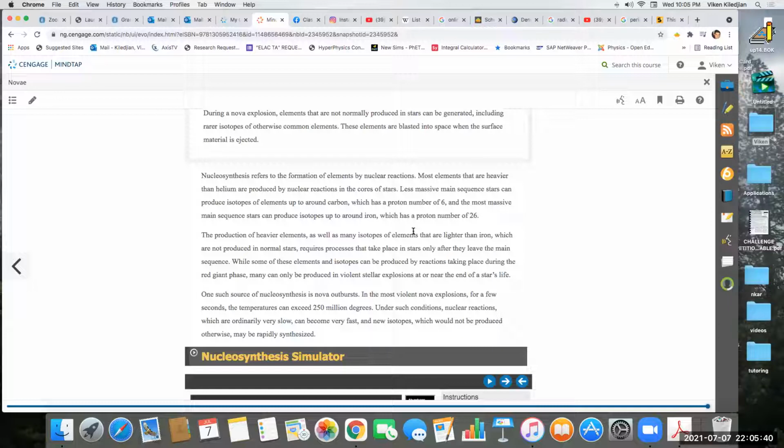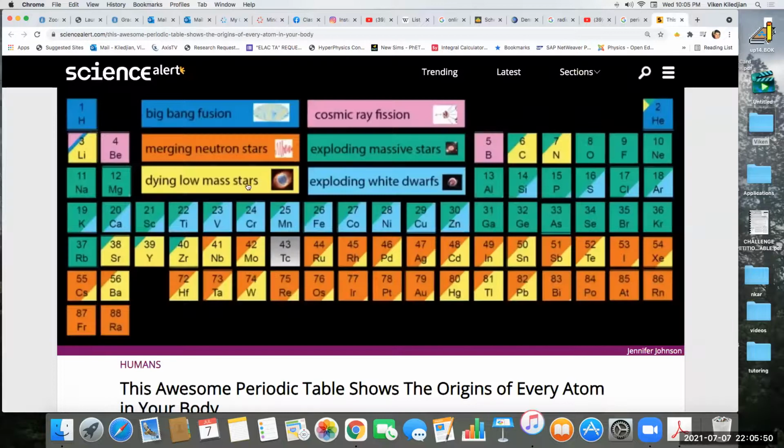Less massive main sequence stars can produce isotopes of elements up to around carbon, which has proton number of 6. In other words, dying low mass stars can produce lithium and carbon, but also up to nitrogen. They do produce nitrogen also.